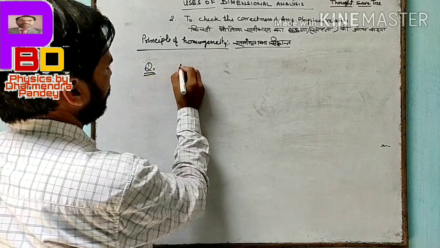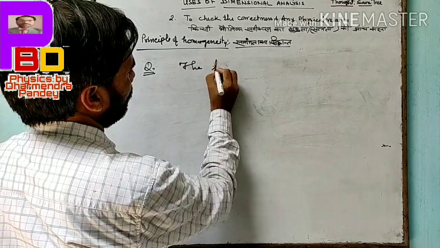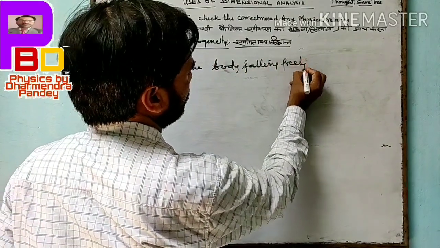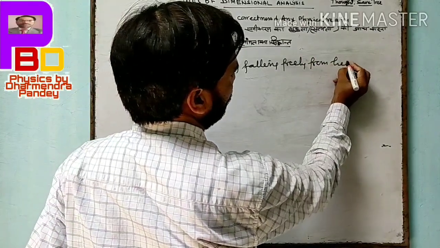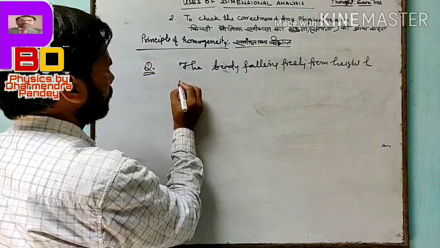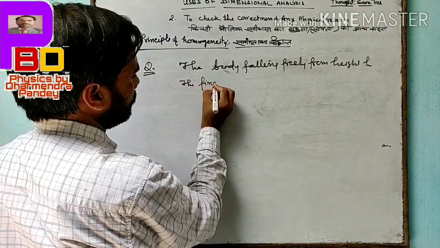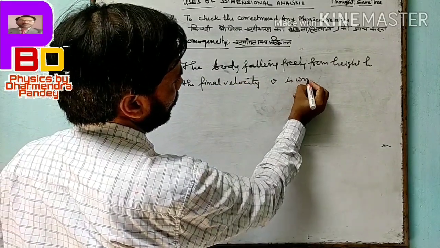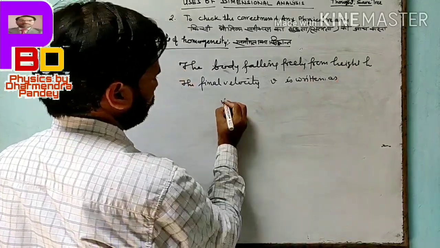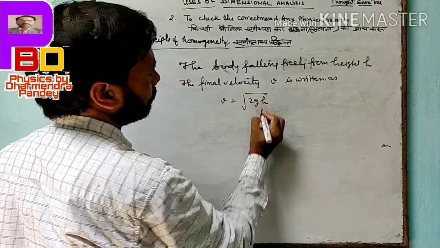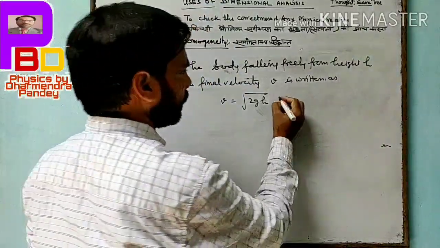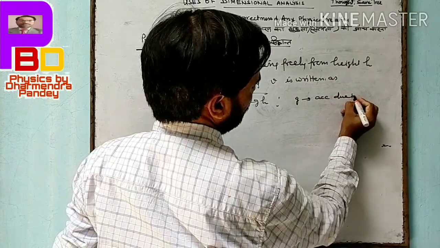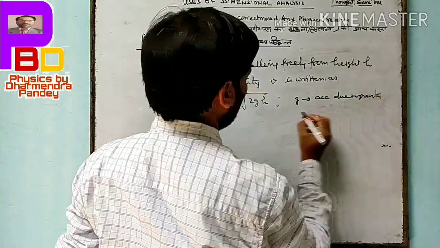Question: a body falling freely from height h, the final velocity v is written as v = √(2gh), where g is the acceleration due to gravity and h is the height.